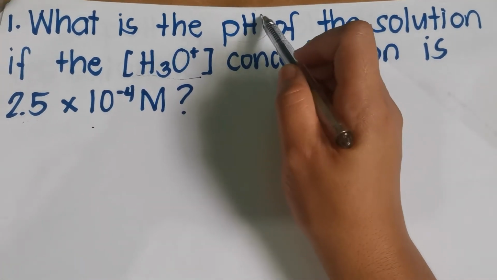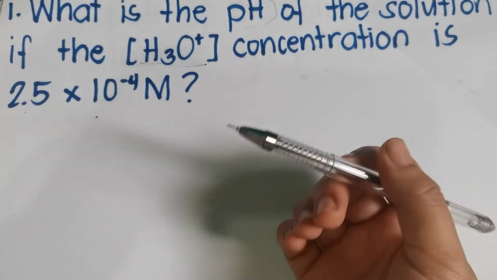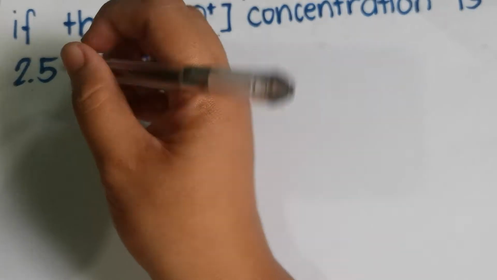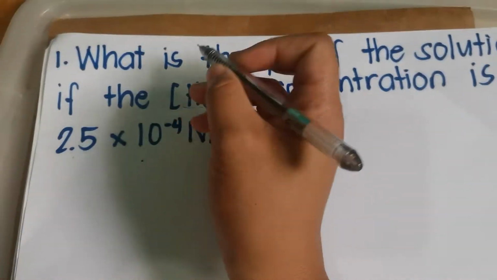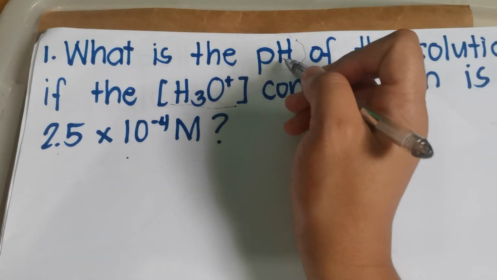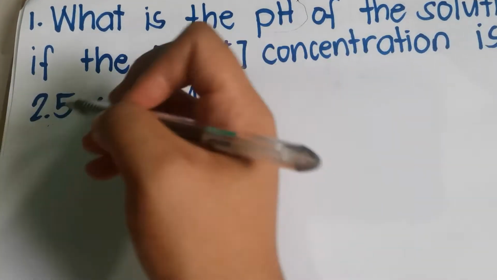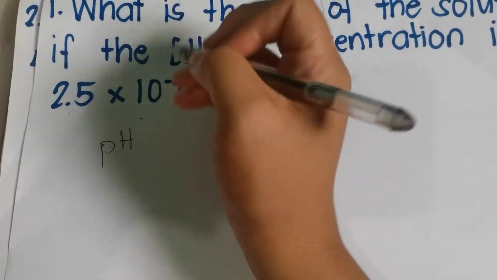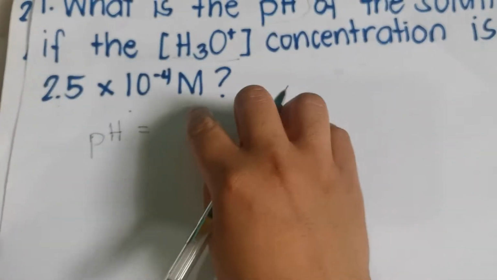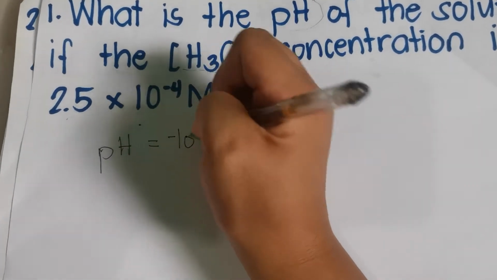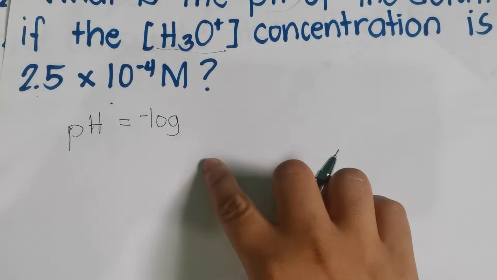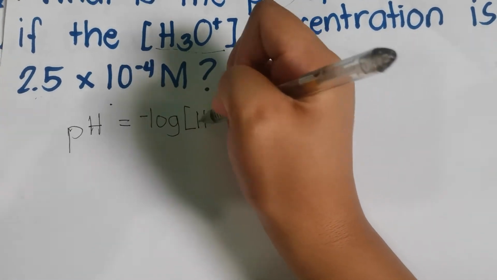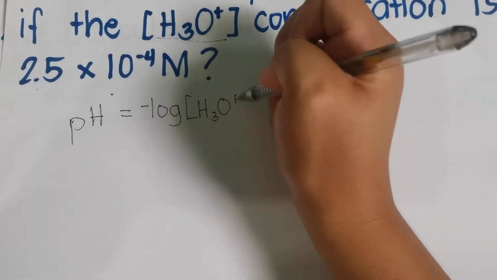Since I already have the formula ready, we always first write what we need to find. So we have pH equals negative log of the given, H3O plus.